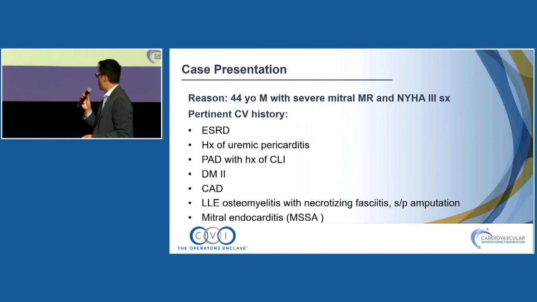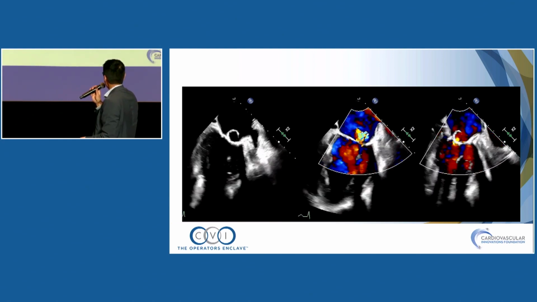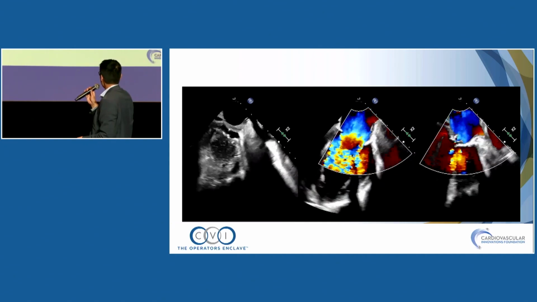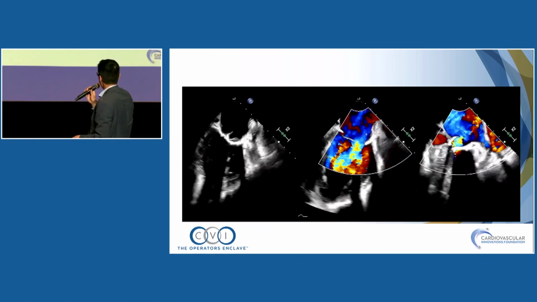So what we're seeing is the sequelae from the fasciitis and endocarditis. This is a TEE that was performed at the outside hospital. You can see there's obvious regurgitation, but in our opinion it's not really from the valve.